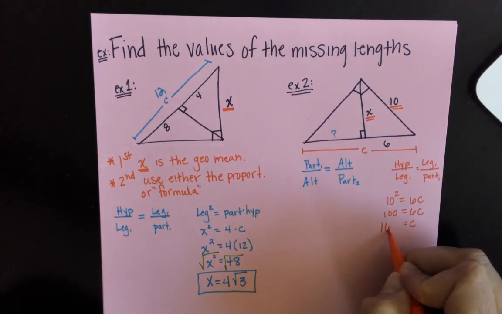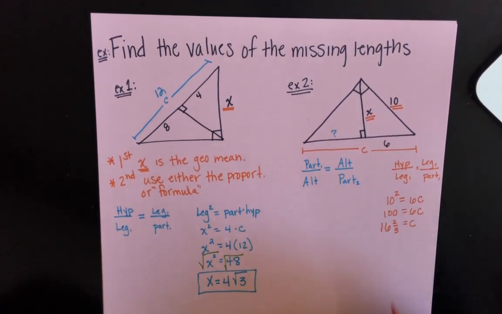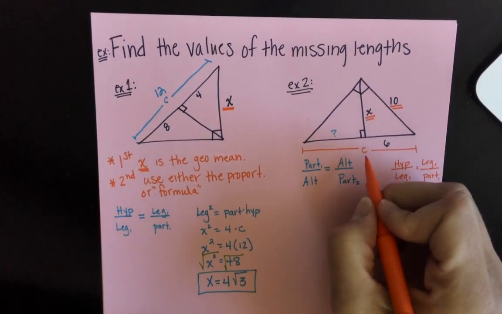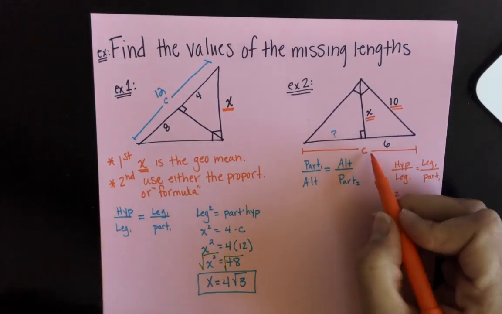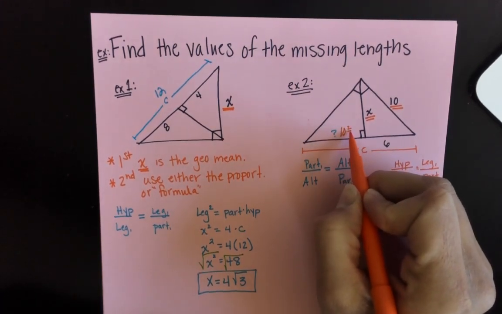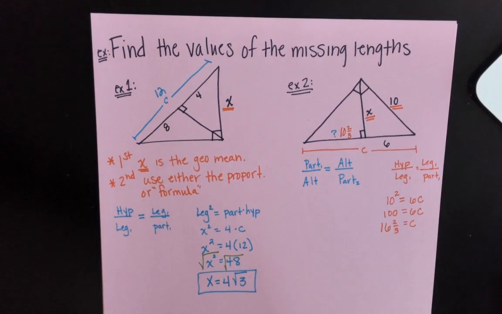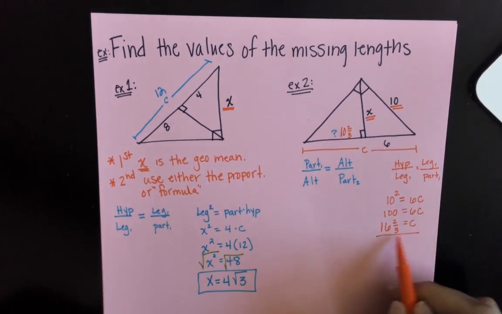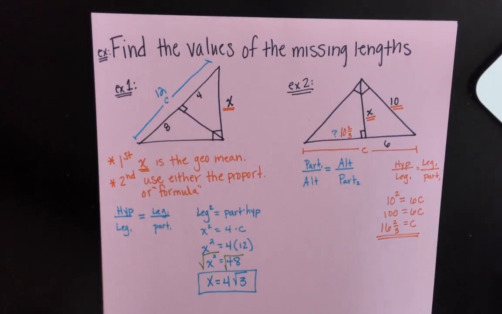And we end up with a beautiful, sarcasm, 16 2/3. All right, so if the whole thing is 16 2/3, this guy has to be 10 2/3. Because the whole thing was 16 2/3.